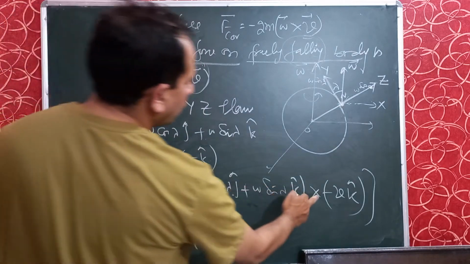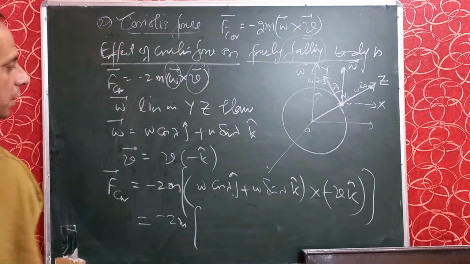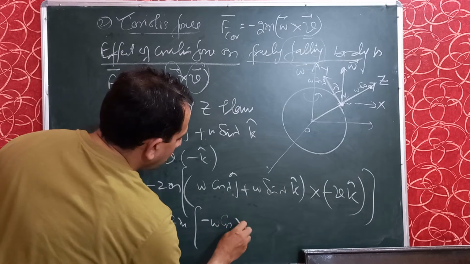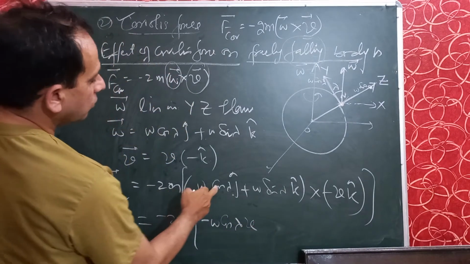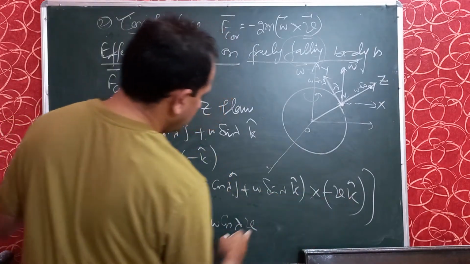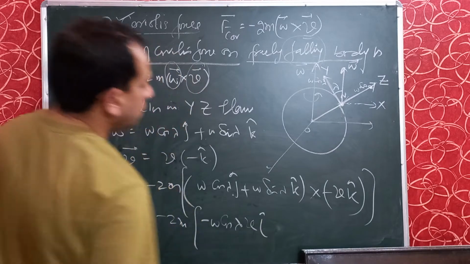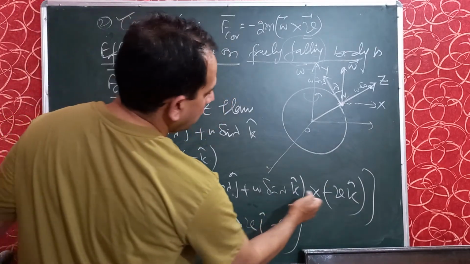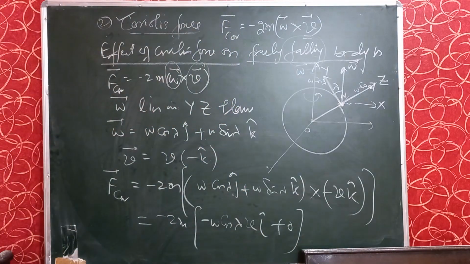So j cross k is i, and it is minus omega cos lambda into v, with j cross k as i, and plus 0, because k cross k is 0.